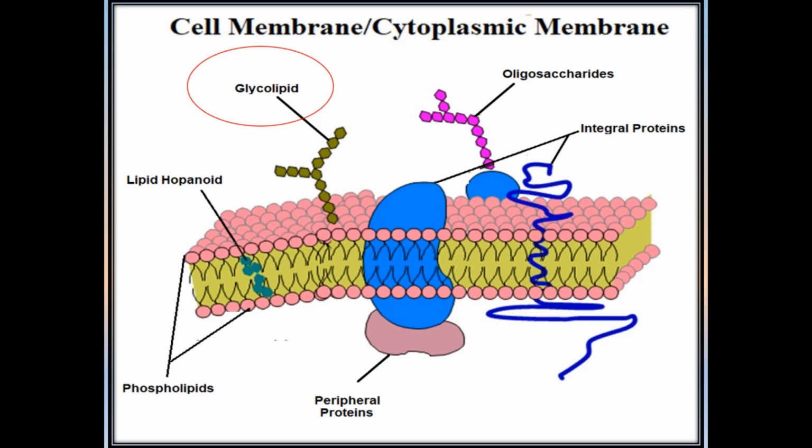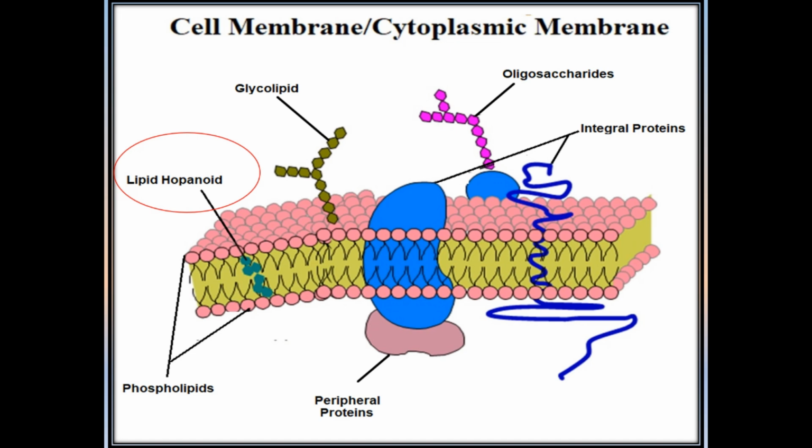These are the glycolipids, a type of lipid which is connected with carbohydrates, and another type of lipid is called the lipid hopanoid.